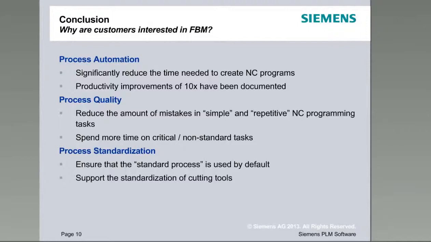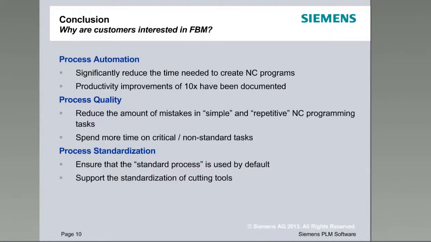So to wrap it up, why are people using this? Why are they interested in feature-based machining? Because as I'm hoping you've seen from this demo, it can significantly reduce the time that people need to do NC programming. We don't expect people to do 100% automation. That can only apply to some specific parts, but usually if you can automate 80% of the work, that saves a tremendous amount of time.